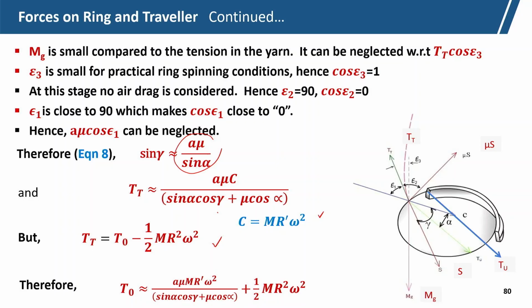Therefore, T 0 we can get m a mu m r omega square, and sin alpha cos gamma plus mu cos alpha plus this one. So, T 0 will be T t plus half m r square omega square. So, T t we have got, and T 0 we can calculate from this.